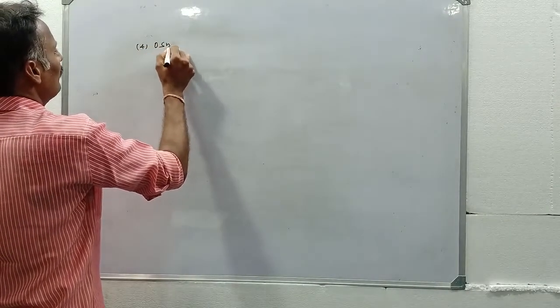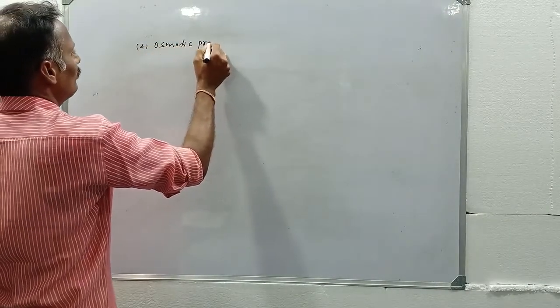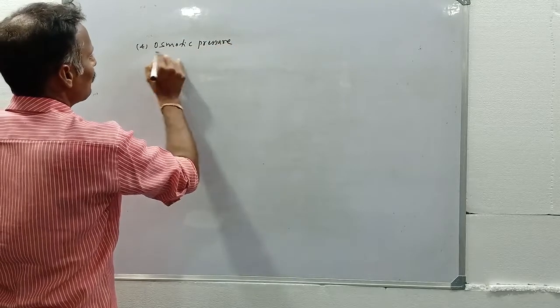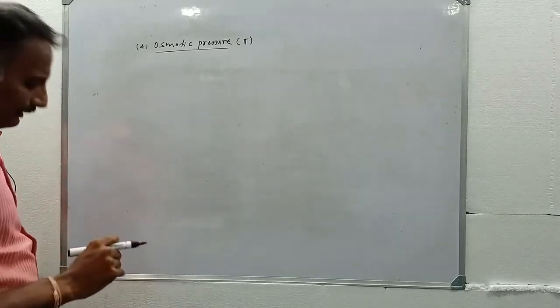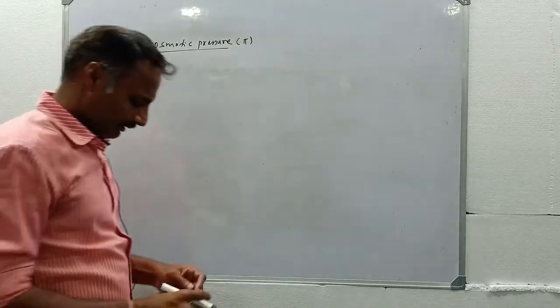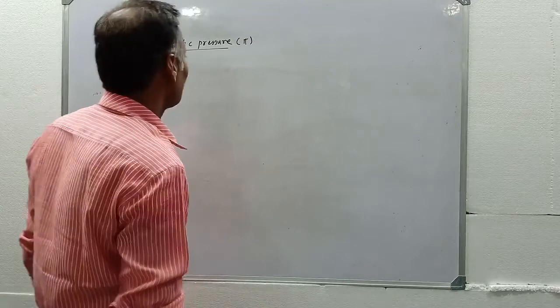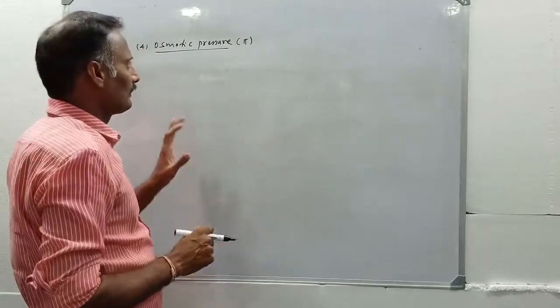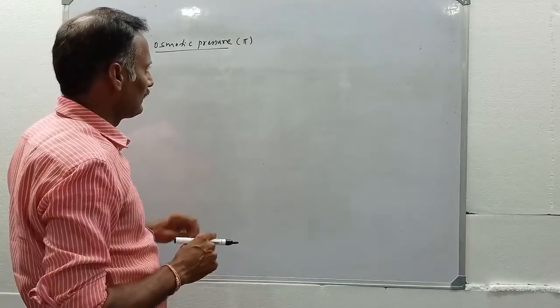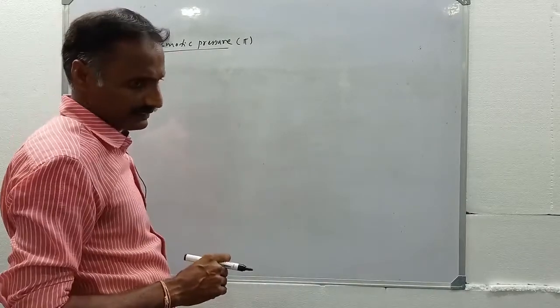The next is osmotic pressure, denoted by pi. Pi is nothing but the osmotic pressure symbol. Osmotic pressure is a colligative property since it depends upon the number of solute particles. As the number of solute particles changes, the osmotic pressure also changes.